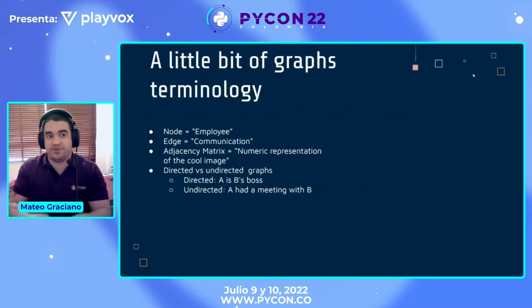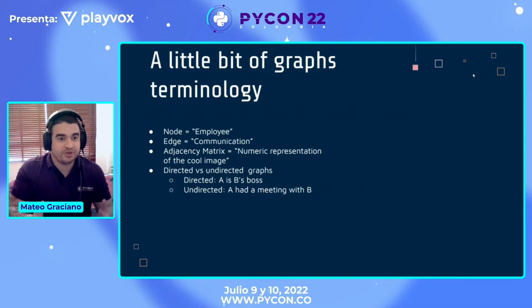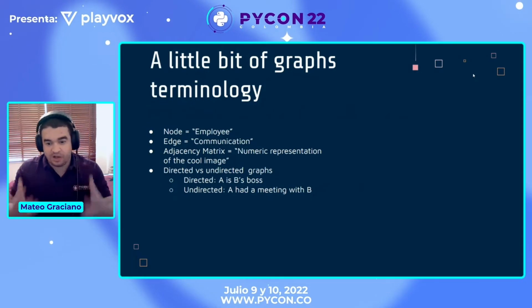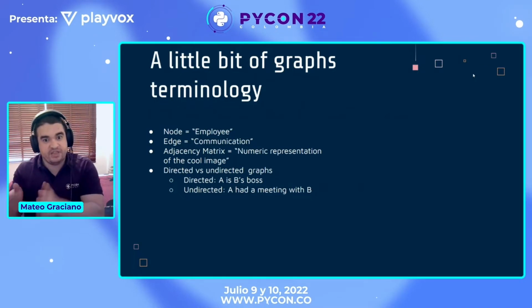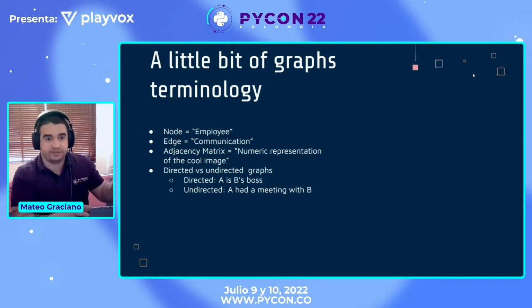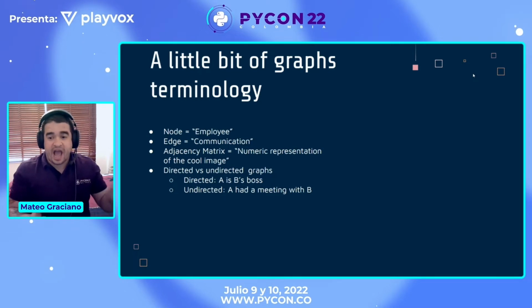Once you have your graph, you are able to use the whole mathematical theory of graphs in order to solve things about your organization. That's why this is really powerful, because mathematicians have studied graphs for a long time, so you have strong foundations on how to work with this.